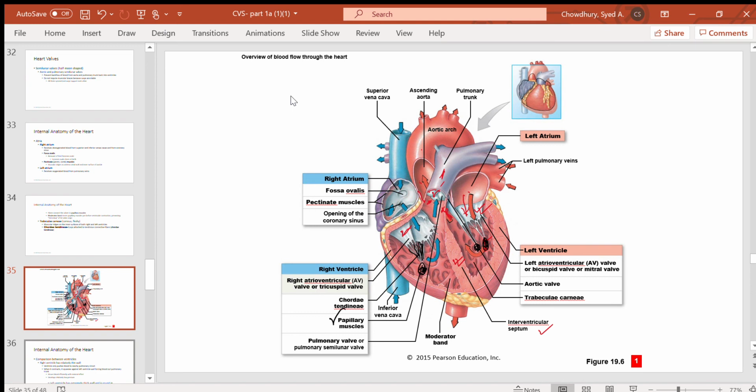These strings are called chordae tendineae. Okay, and the other ends of these strings are attached to the AV valves. So these strings will control how much the valves will open and close. Okay, so the strings are called the chordae tendineae. They basically are attached to the papillary muscle and AV valve.